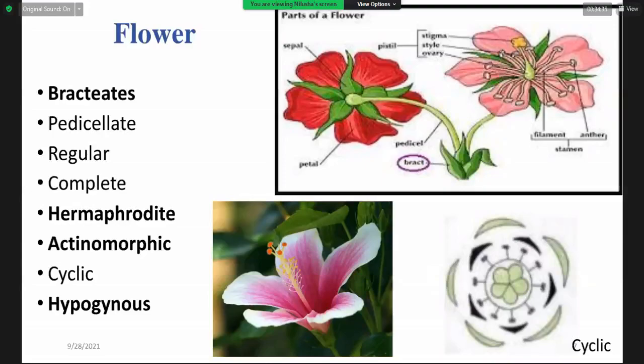In the first picture you can see the bract. Because of the presence of the bract, we call this a bractate flower. This family has bractate flowers.